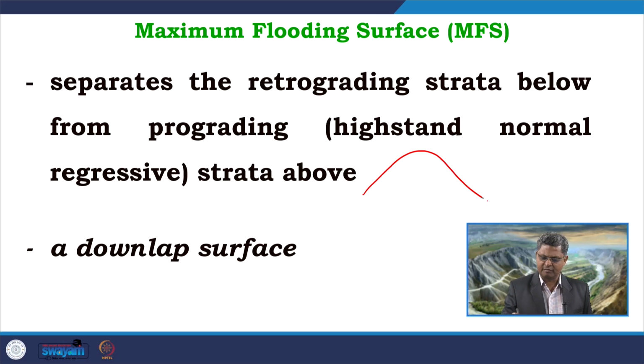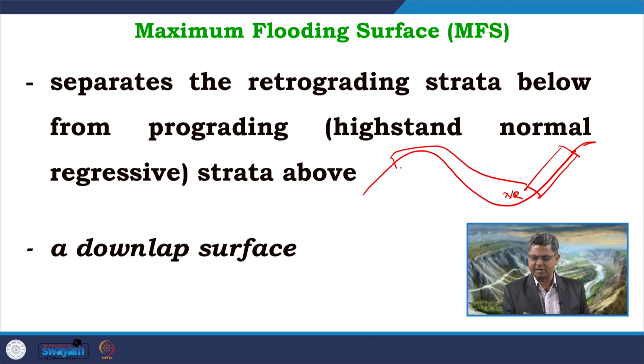As I have told you, the maximum flooding surface is another surface which forms during the phase of base level rise. If I refer back to that basic fundamental base level curve, as we already know, the transgressive phase starts from here to here. Before that, this is the normal regressive phase, or rather this entire phase is the regressive phase.